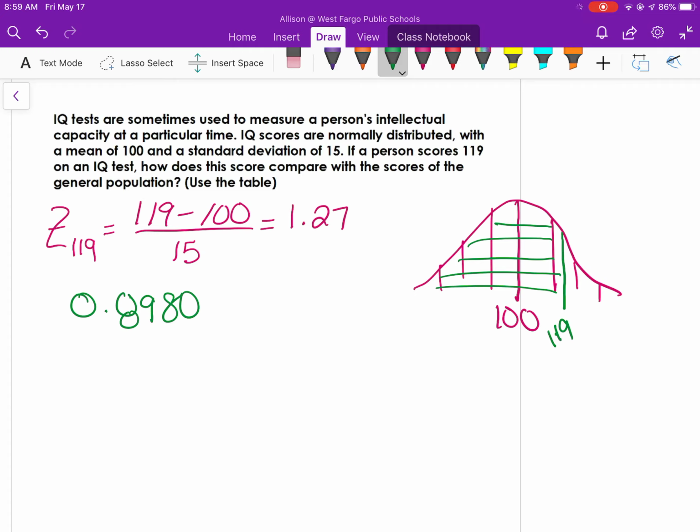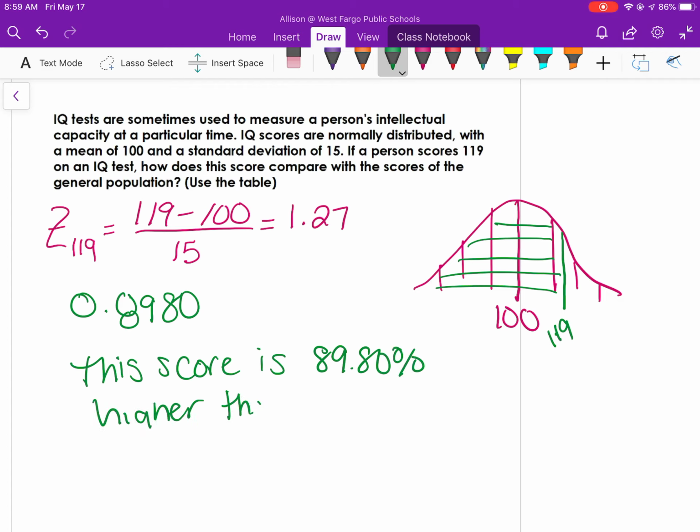So that means that this score is 89.80% higher than the general population. Or this person scored 89.8% better than other people that took this test nationally.